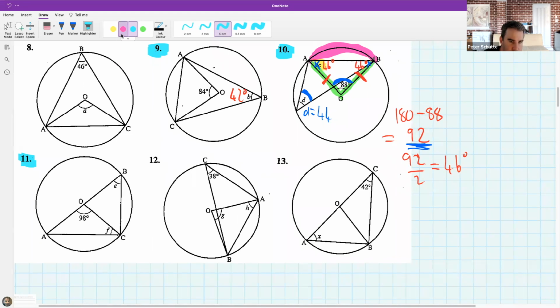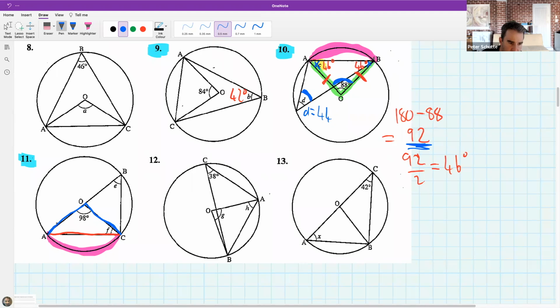What I like sometimes to do on my test paper is to ask myself here, I could say this arc over here, or if I wanted to, I could focus on this chord. Both would be fine. And they make an angle at the center of 98 degrees.